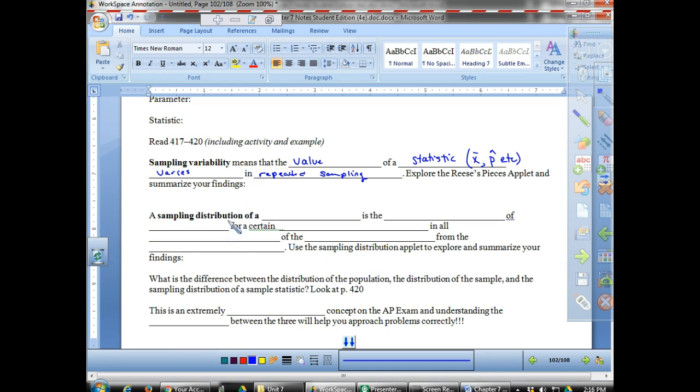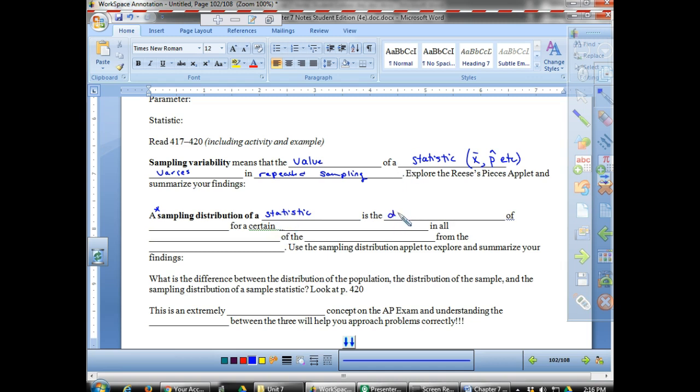So what is a sampling distribution? And this is a really important term, so make sure you understand as we talk about this. A sampling distribution of a statistic, that means that I'm looking at X bar, for example. Let's just go with X bar.